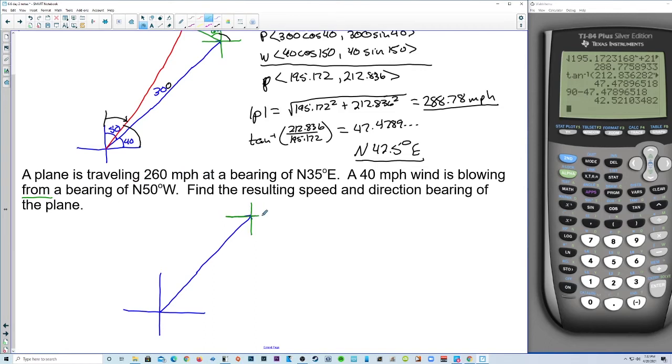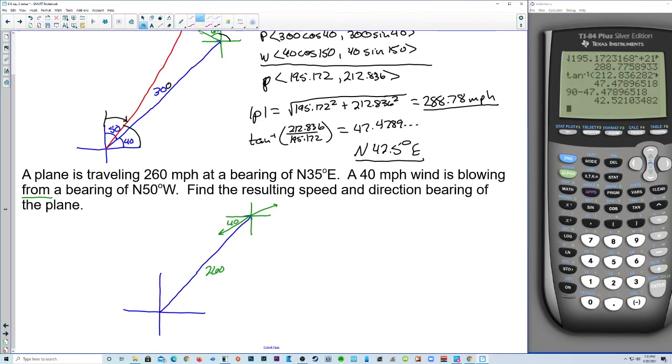So let's go north 50 degrees west. That would be like this, but it's blowing from that direction. So it's actually going in the opposite direction like that. And so this is the 260 and this is the 40.